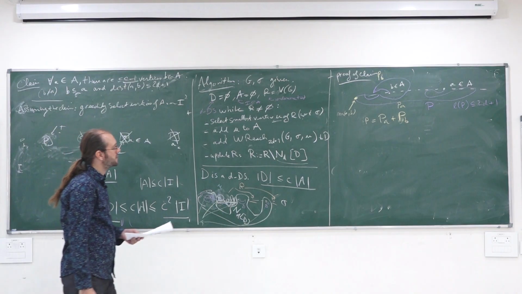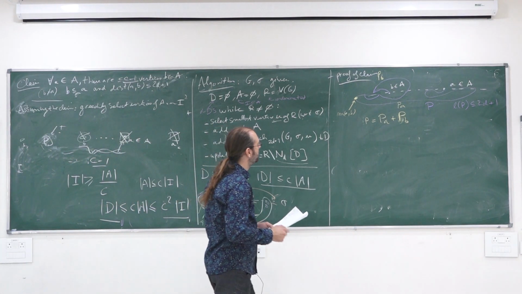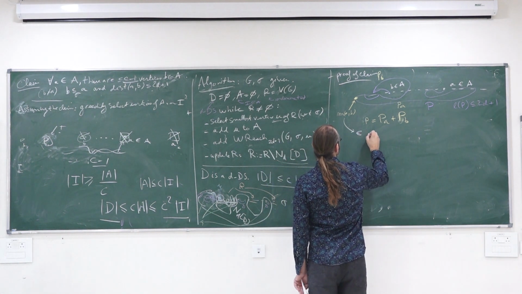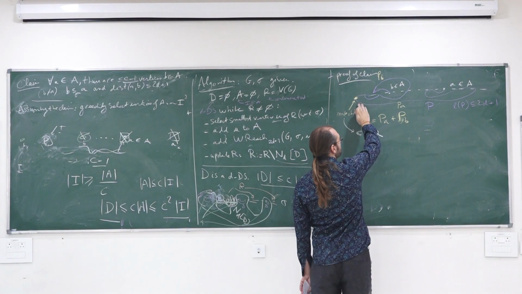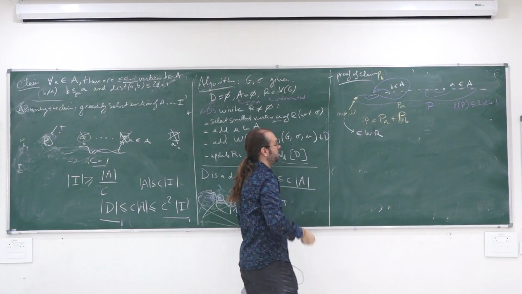Okay, so notice that this minimum belongs to the weak reachability set. Again, same trick as usual. It is the minimum, so it will belong to all these weak reachability sets.